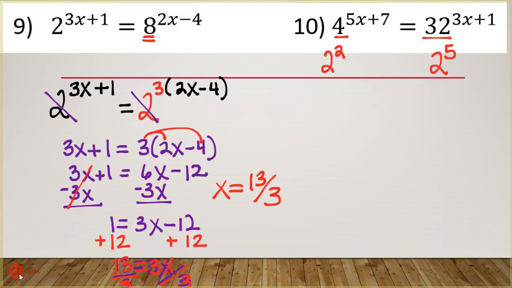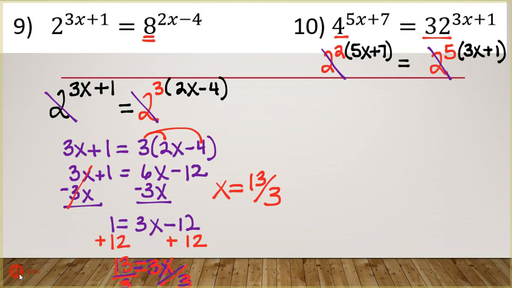So I'm going to carry down my exponents on both sides. And now that I have a common base of 2, I'm going to drop it.